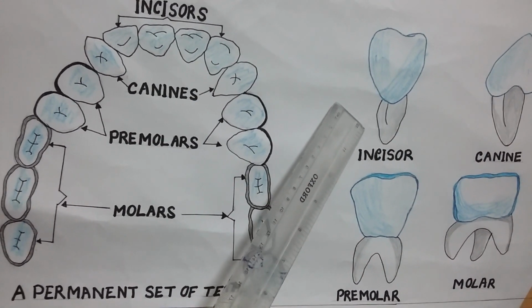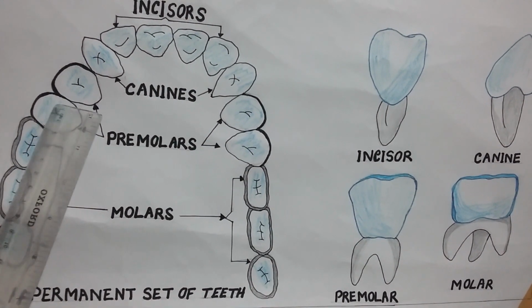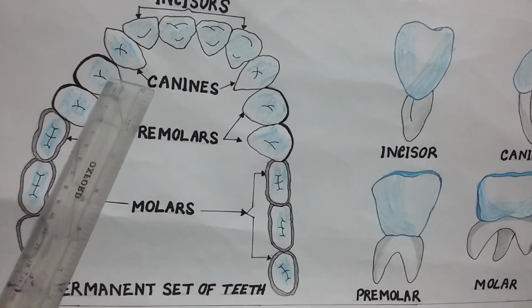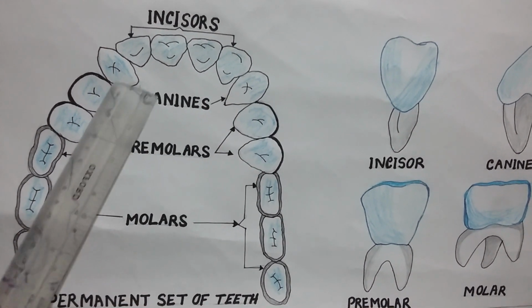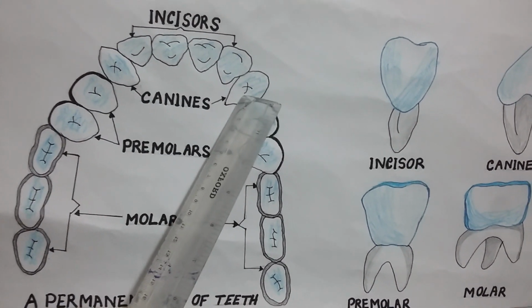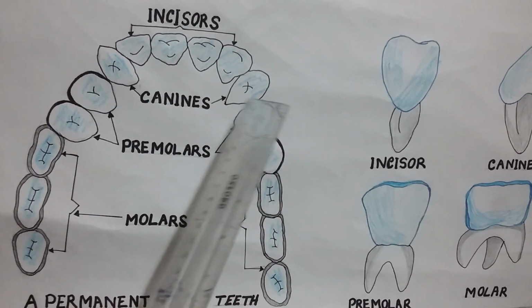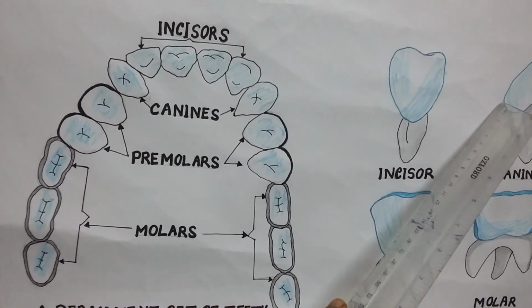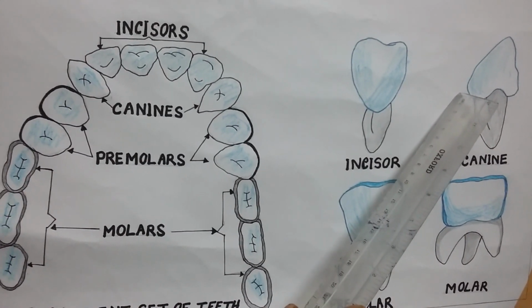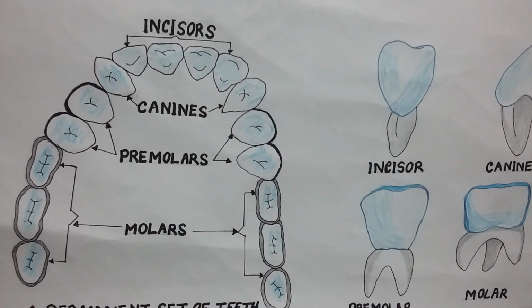Second one, canines. These are present on either side of the incisors. These are two in number in each jaw. These are sharp and pointed teeth which help in tearing the food.